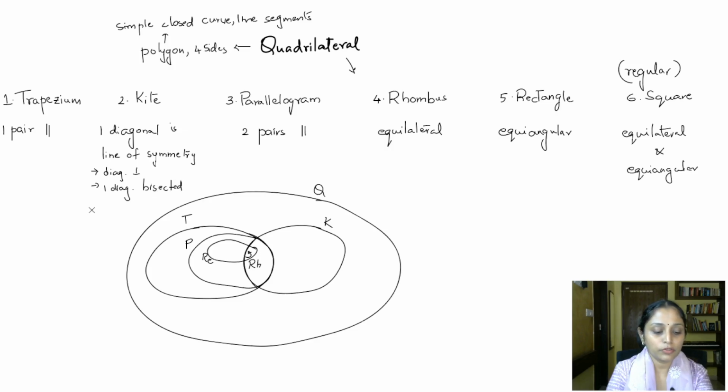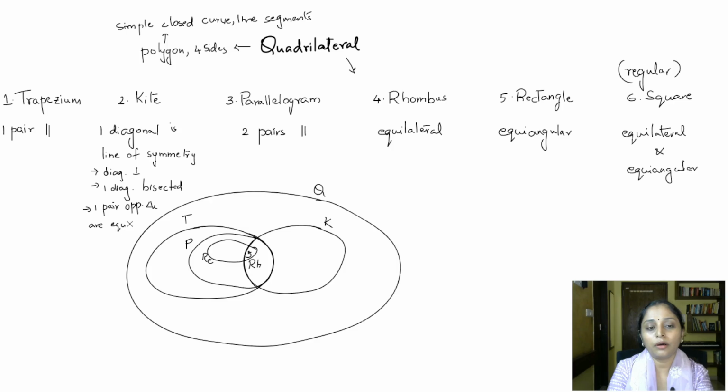And next we have also seen that one pair of opposite angles are equal in measure because of the line of symmetry. That is a consequence of that. One pair of opposite angles are equal in measure. Okay.